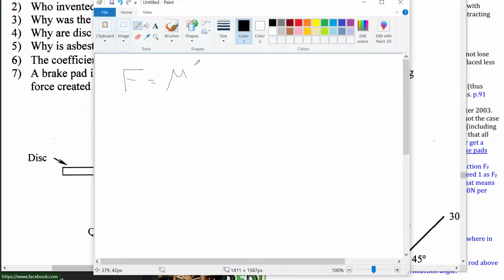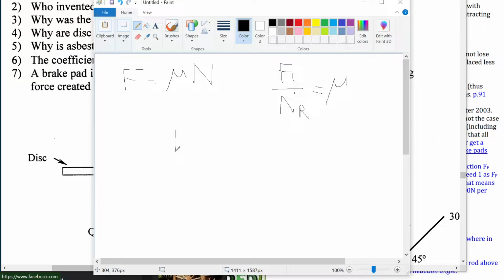F equals mu n. So if we rewrite that equation, we're going to say the friction force, or the reaction due to friction, is equal to mu times the normal reaction. We can see how we rewrote that equation: the friction force divided by the normal reaction equals mu.